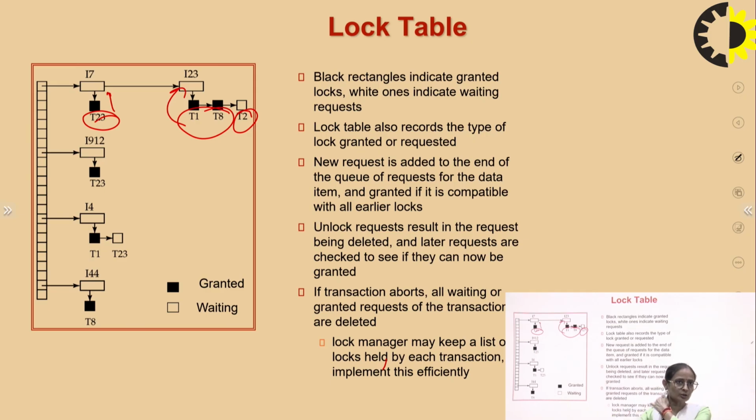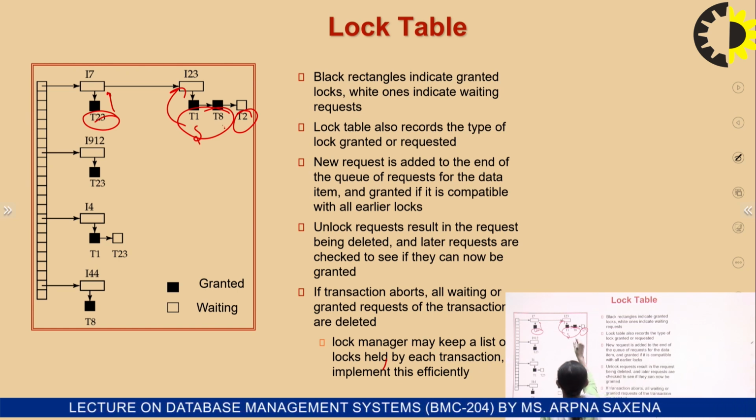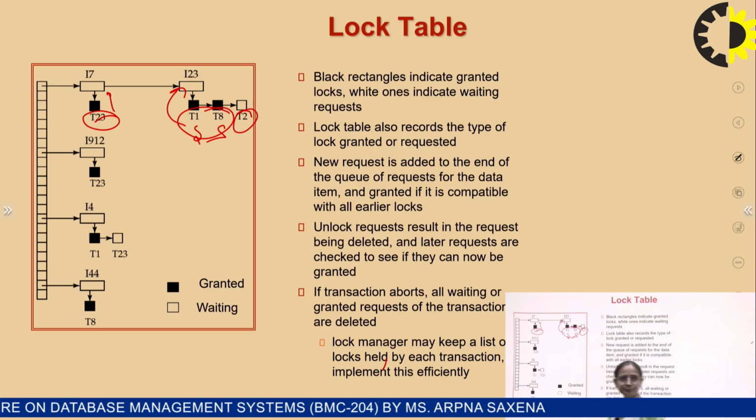Lock tables also record the type of lock, granted or requested. A new request is added at the end of the queue of requests for the data item, and granted if it is compatible with the earlier locks. That is, in this case, it is going to be S S. An unlock request results in the request being deleted.